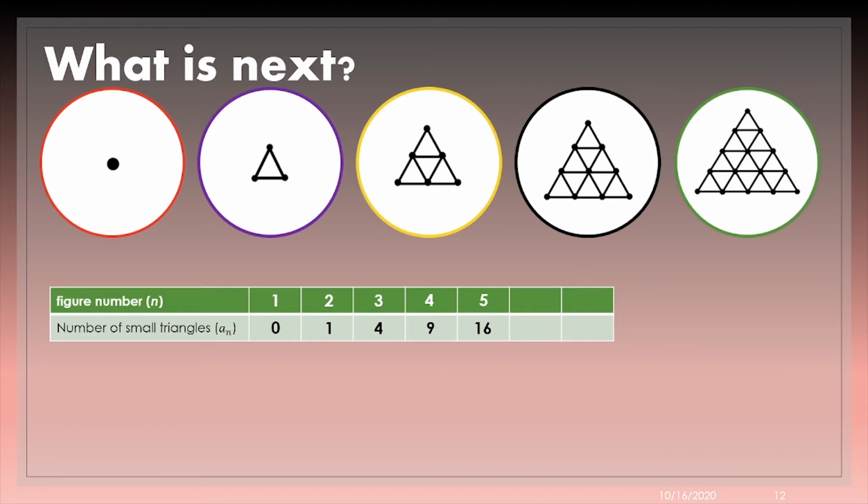Assuming that meron tayong pang 6th figure, ilang small triangles kaya siya? Okay. So, we have 25 small triangles. How about if we have 7? 7th figure. So, we have 36 small triangles.